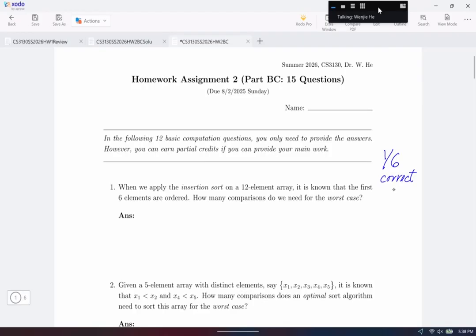The remaining 5 were half correct, not completely correct. The problem is very common for those 5 students.